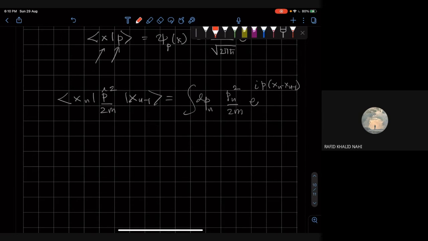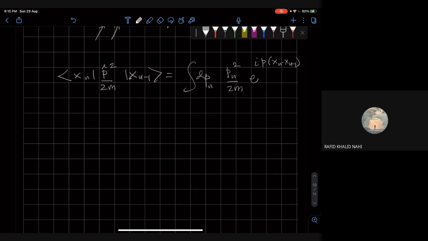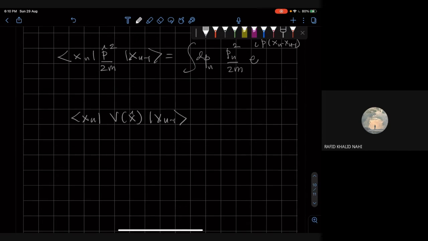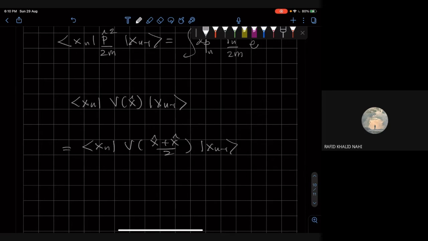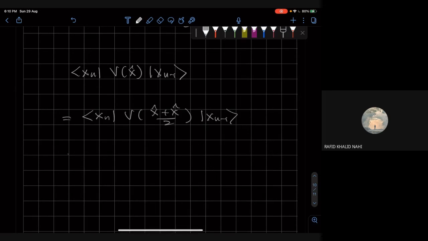The last term is going to be <x_n| V(x hat) |x_{n-1}>. It's kind of easy to show that. Okay, let me just show it anyway. We can write this as <x_n| V(x hat) |x_{n-1}>.